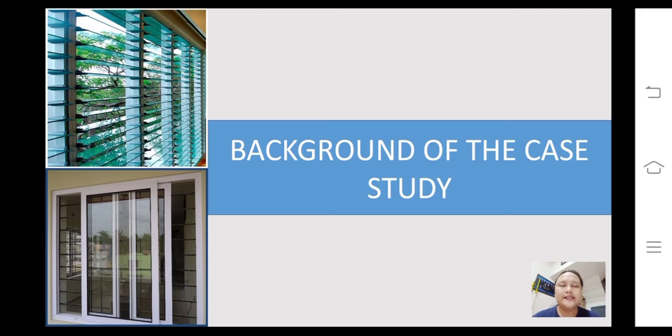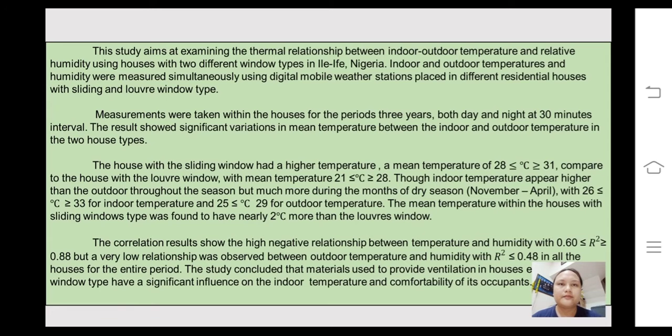Background of the case study. This study aimed at examining the thermal relationship between indoor-outdoor temperature and relative humidity using houses with two different window types in Ile-Ife, Nigeria.